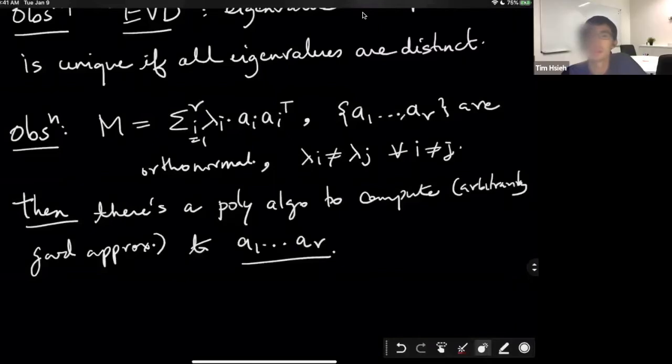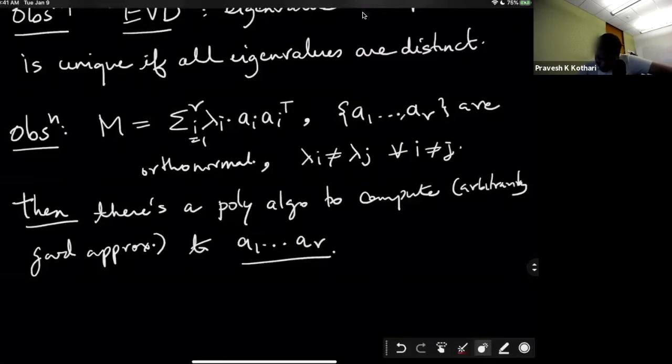Okay, never mind. Well, I guess I'm observing that if you look at this expression m, then it is invariant under the following transformation: send a_i to minus a_i. Because m is a homogeneous quadratic in a_i, if I flip signs, you can't quite notice the difference. So I can't quite say that I can compute a_1 through a_R.